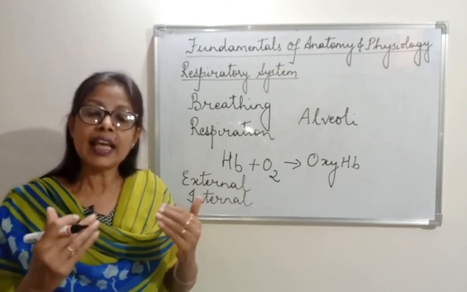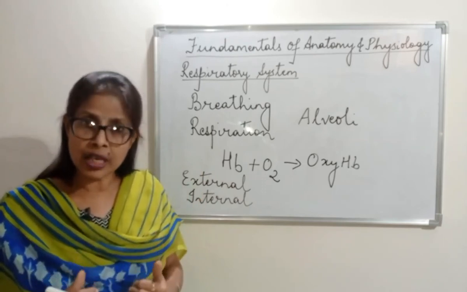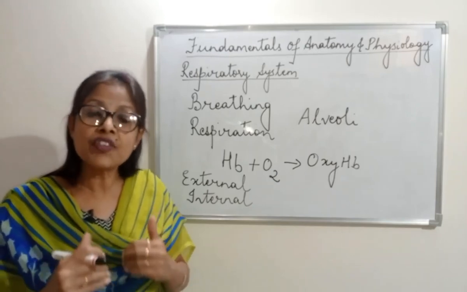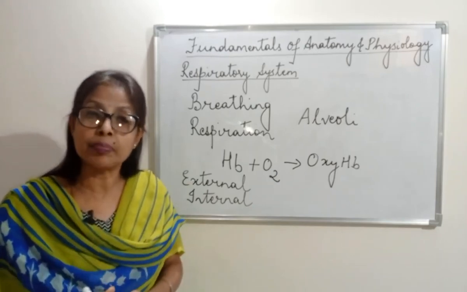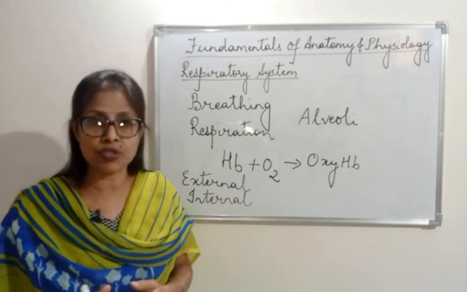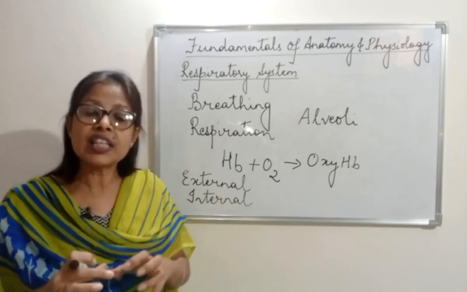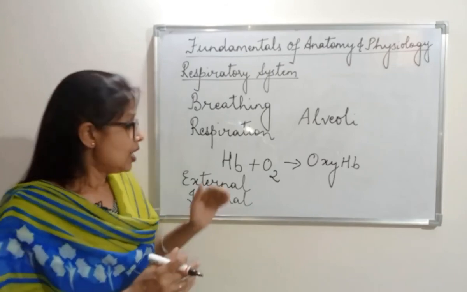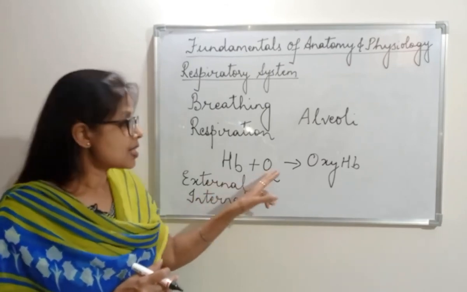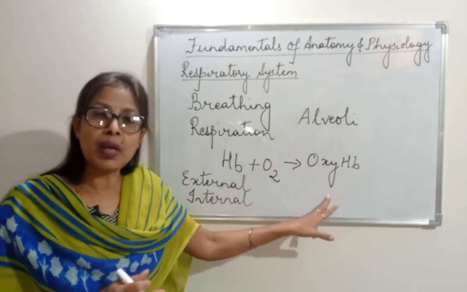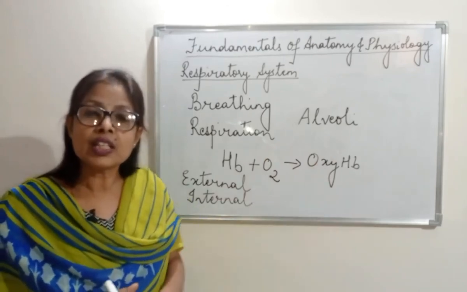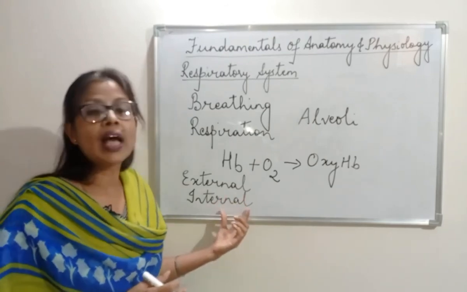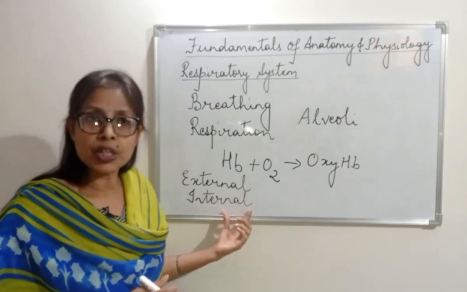That is, taking in oxygen-rich air but giving out carbon dioxide back into the atmosphere. Now, when that oxygen, as I said, mixes with the blood to give it a pure form or give us energy, that is known as internal respiration.